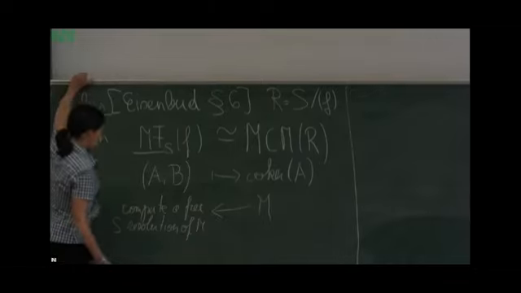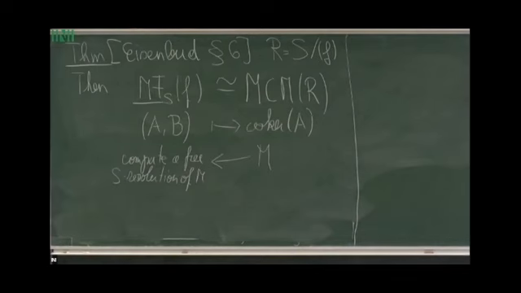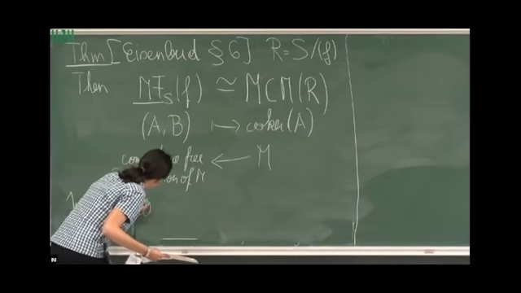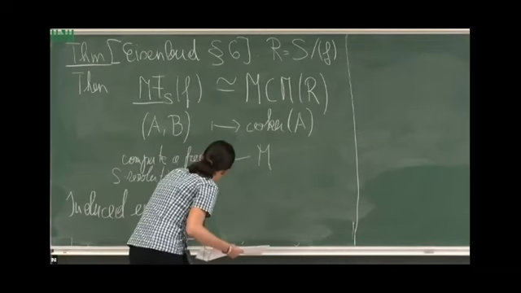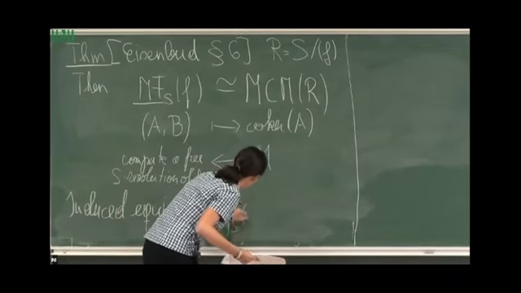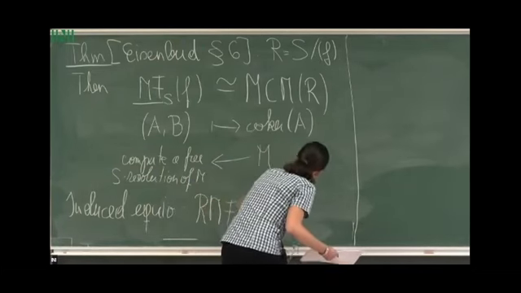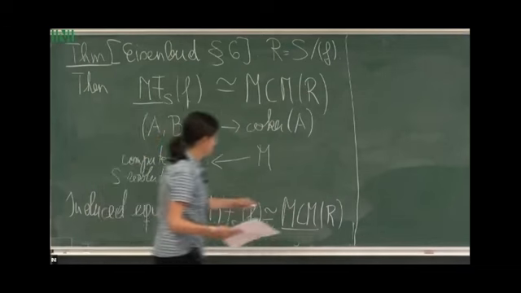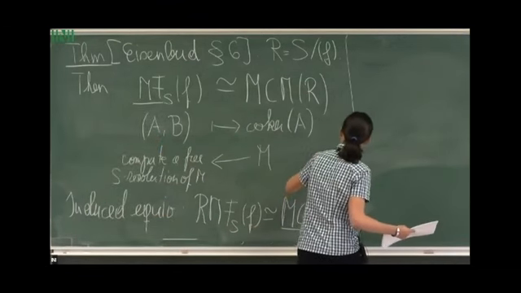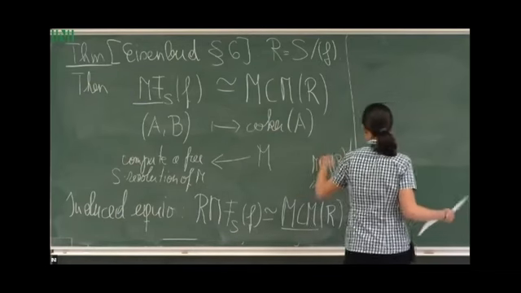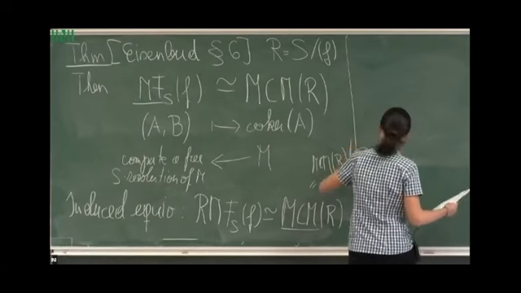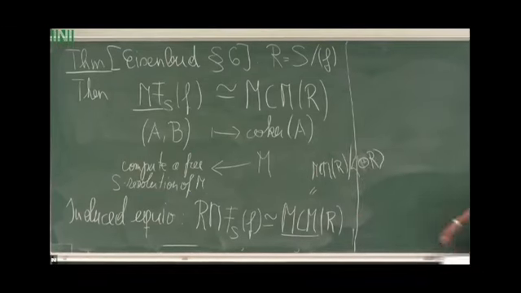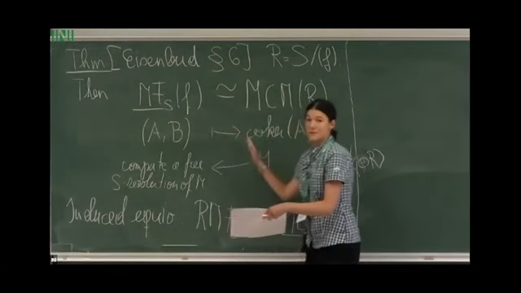Moreover, this restricts to an equivalence on the reduced categories, namely we get an induced equivalence: the reduced matrix factorizations of F are equivalent to the stable category of maximal Cohen-Macaulay modules over R. We take all MCM modules over R and mod out everything that factors through projectives, which in this case is just direct sums of R. Of course you have to prove that these are really inverse functors, but I'm not doing this.